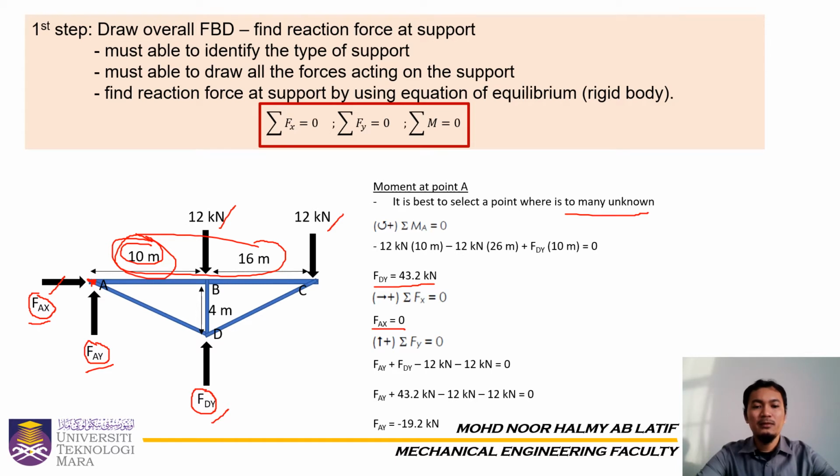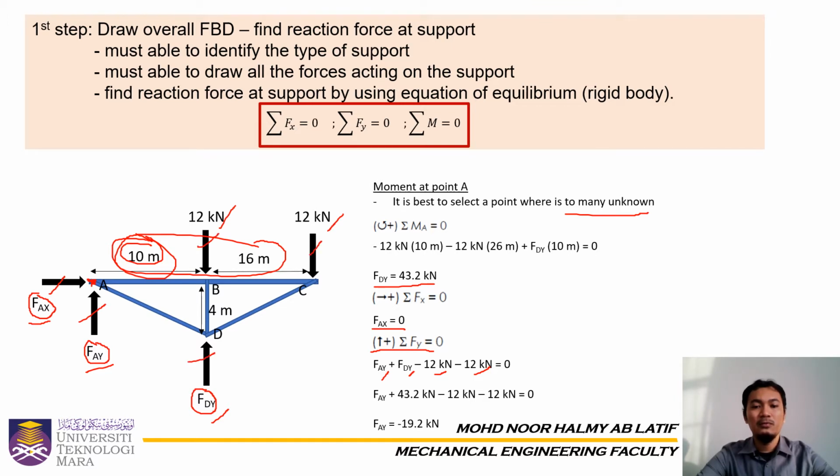To find the force AY, what we need to do is the summation of force in the y direction, in which we have force AY, force DY, and negative 12 kN and negative 12 kN, which are here, here, here, and here.